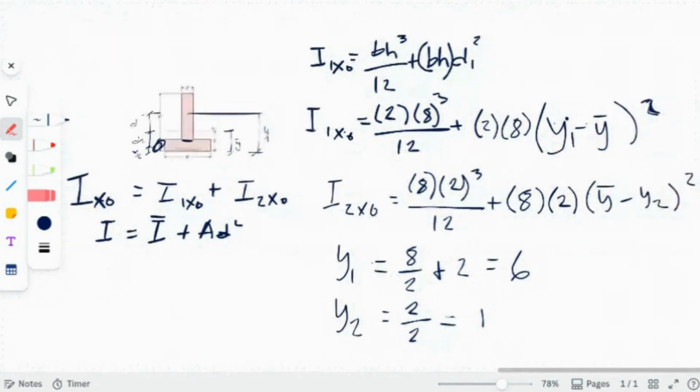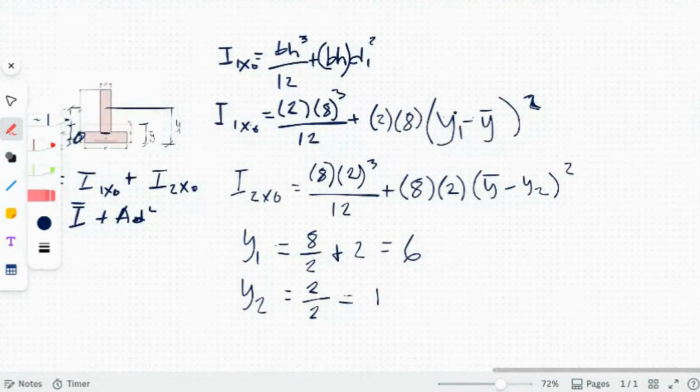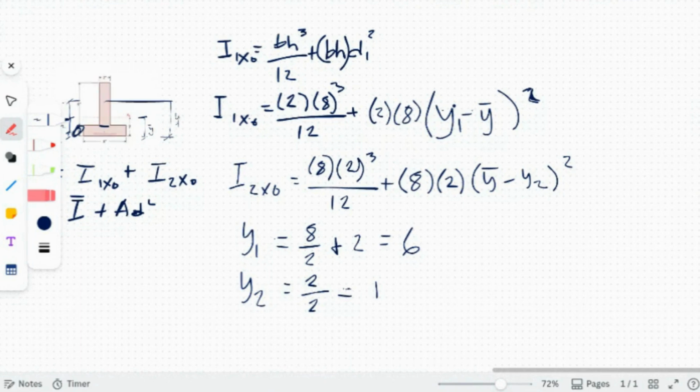Now, how about Y bar? Y bar is the new centroid, and from your previous lesson, you learned how to find the new centroid from two different composite shapes. You get that by Y bar is the total area, and then area 1 times y1, plus area 2 times y2.